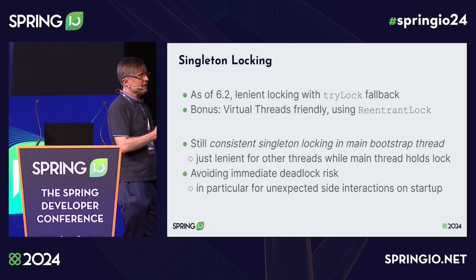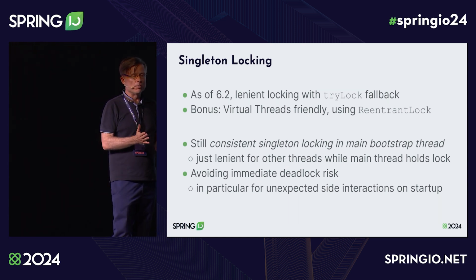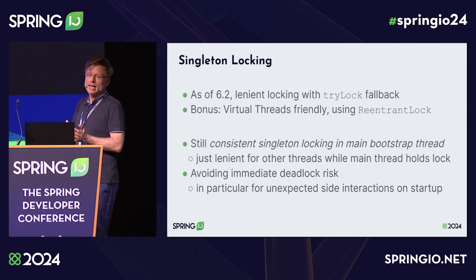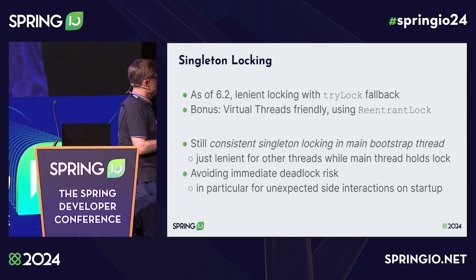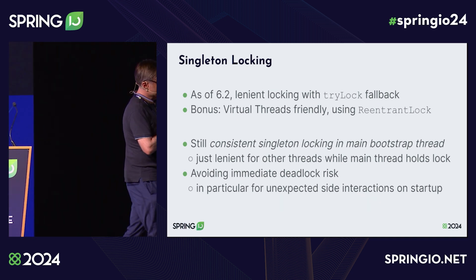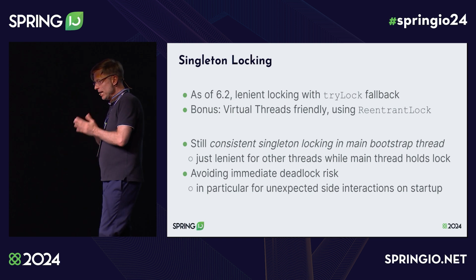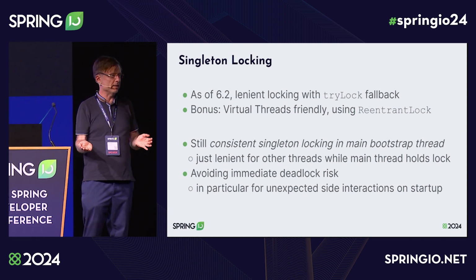So what are we doing differently in 6.2? Previously, we used traditional synchronization for creating each singleton. As of 6.2, the locking is entirely reentrant lock based, which gives us some extra flexibility. With a reentrant lock, you can basically check whether the lock is already being held by some other thread.